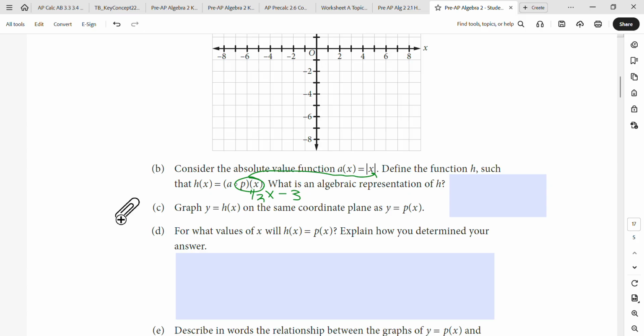When I take this linear function and plug it into the absolute value of x, the absolute value of... yep. When it's talking about that algebraic representation, it just means, what does the function look like algebraically?